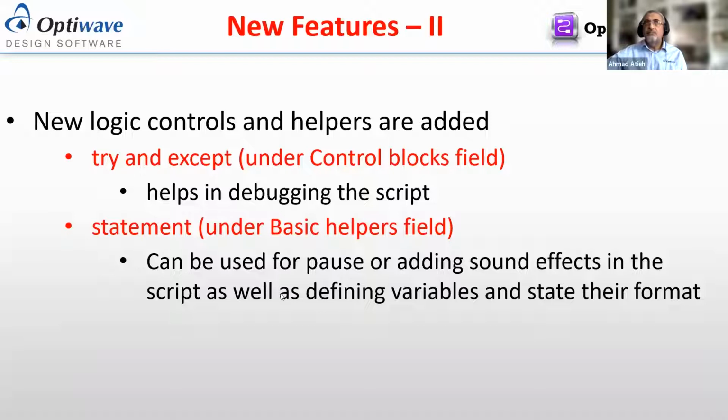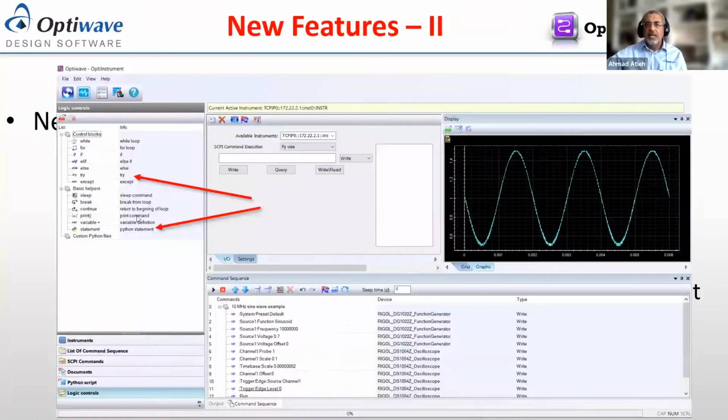It can be used, for example, to code in the script some pause or sound effects, or to define variables or change the type of variables, from string to float or something like that. These are under the logic tab: try and except, the custom Python file, and the statement.